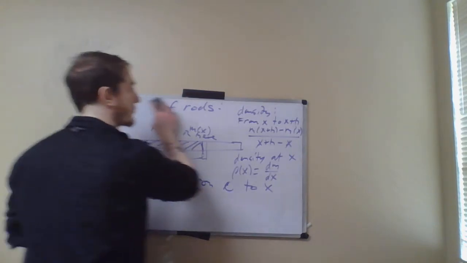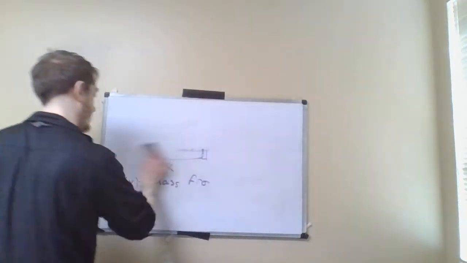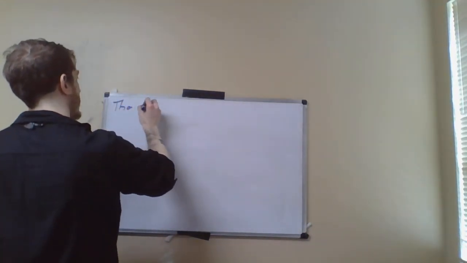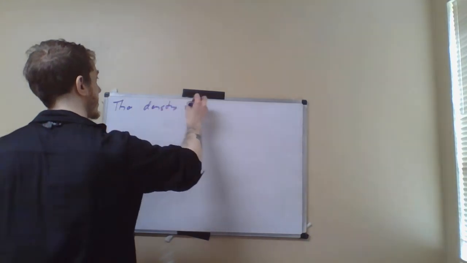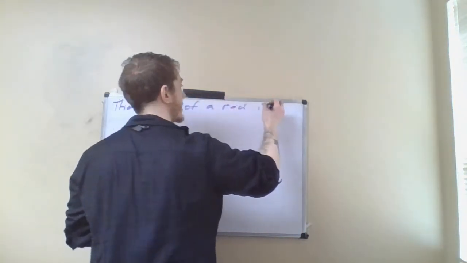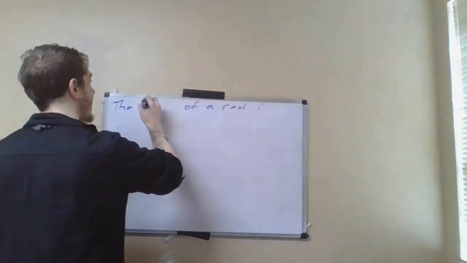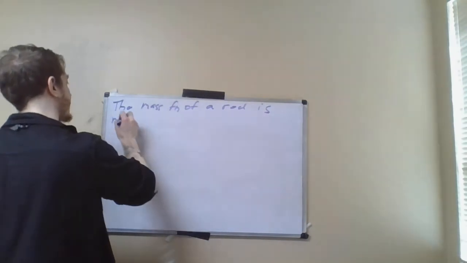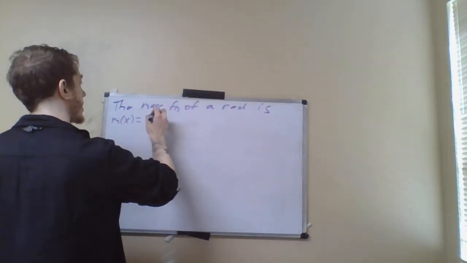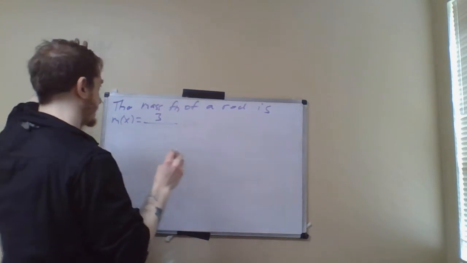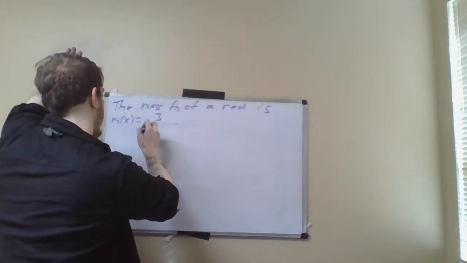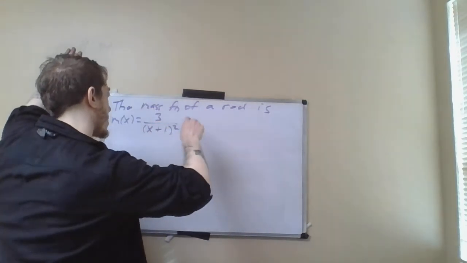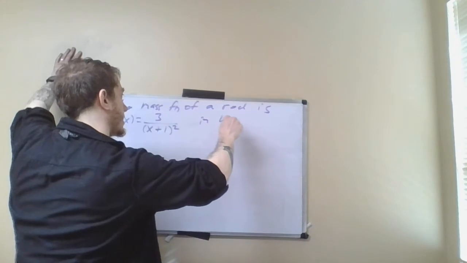So let's suppose for a moment that the density of a rod, or the mass function of a rod, is given by m of x is equal to 3 over x plus 1 squared, in kilograms.